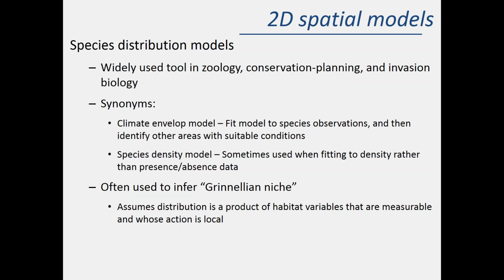Anyway, this modern literature grew up about SDMs. And people have progressively worked out that a presence-only model like Maxent is really the limit of a logistic regression under certain assumptions.